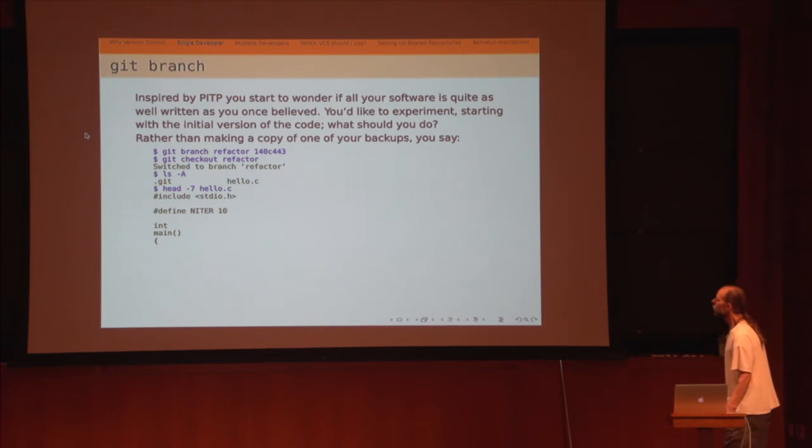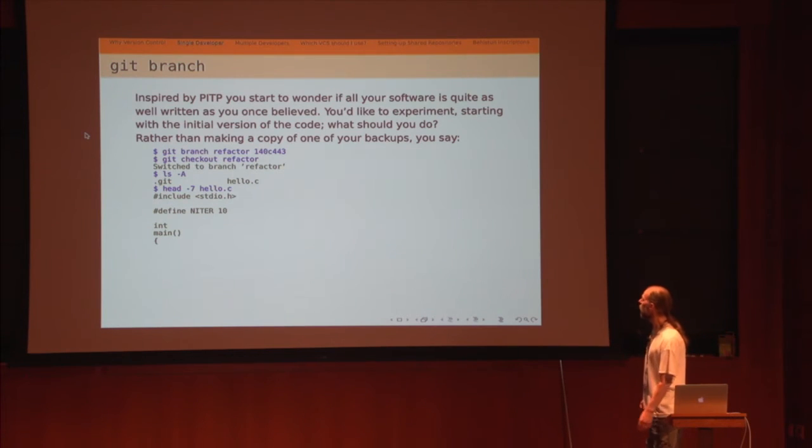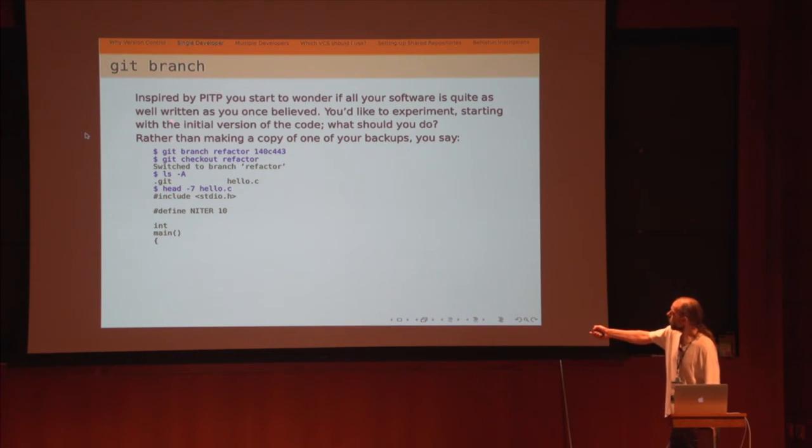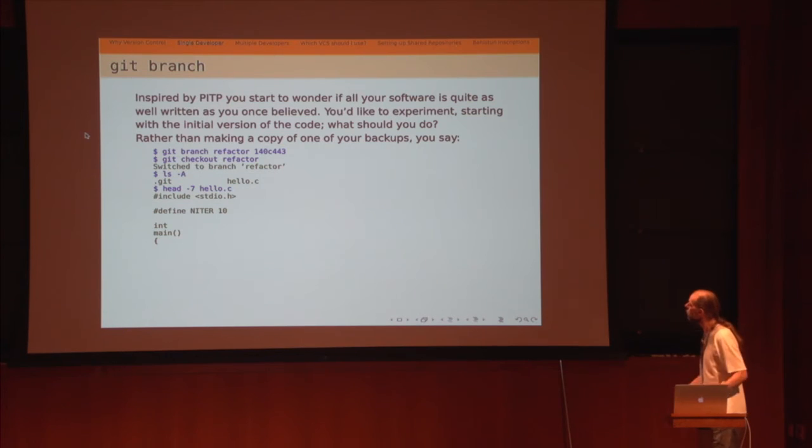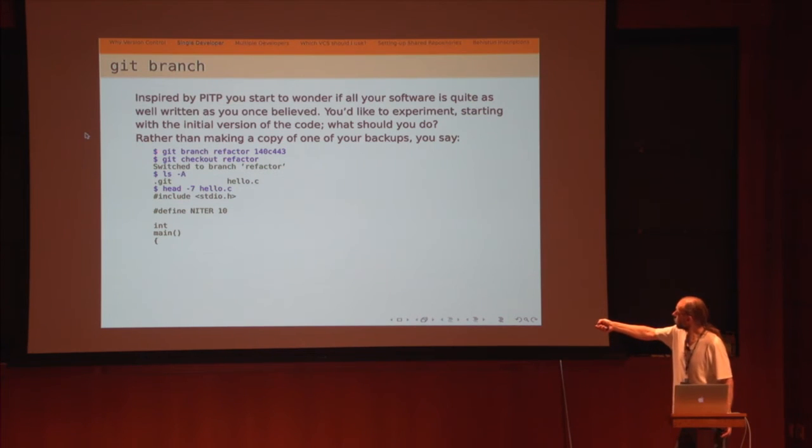Well, you could go back and make a copy of one of your backups, but an easier way to do it, and this is more relevant if you're taking my software engineering class rather than PiTP, is a branch. I say, make me a branch called refactor at the point 140. That's at the initial thing. And then I say, switch to that.